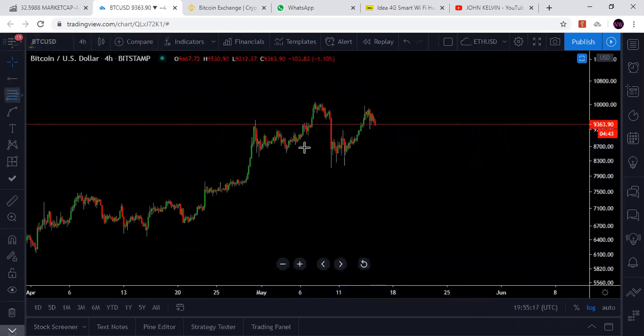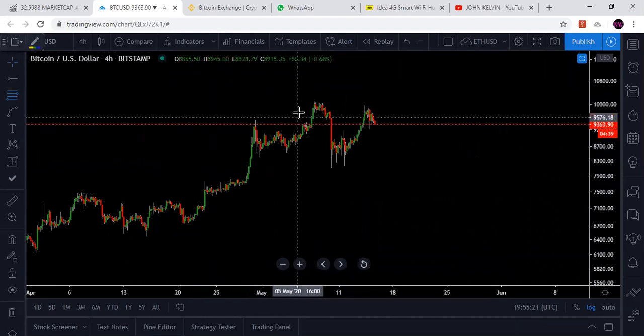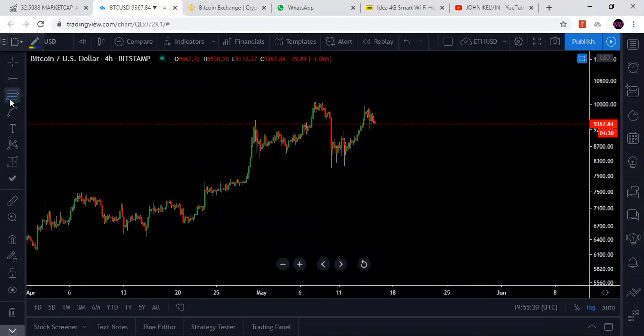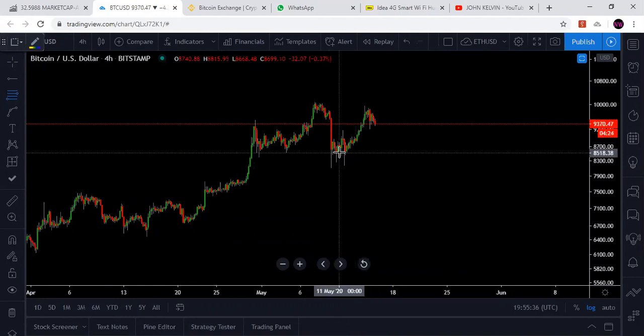Now from B, we want to get the C. This is X, A, B. We've gotten a B. Now to get our B, we dragged our Fibonacci retracement from X to A, and the body of the candlestick must not close below the 0.618.